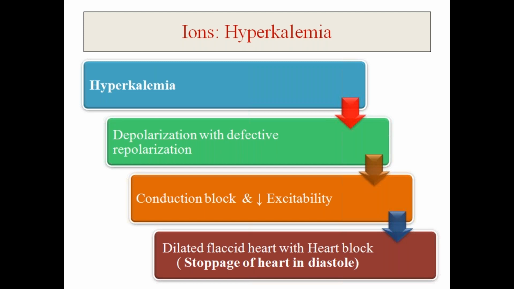As a result, there will be depolarization, but there will be a defective repolarization. Because of this, there is a conduction block, there is a decrease in excitability, and in this condition, your heart will stop in diastole. So in hyperkalemia, there is stoppage of heart in diastole.